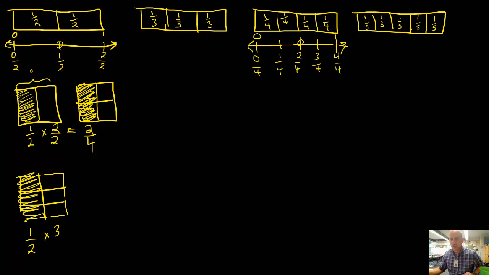So I'll put three groups of that 1, and that equaled 3, right? And I took my whole, my 2, and I cut those into 3, 1, 2, 3, 4, 5, 6, and I got a total of 6 pieces that I cut it into. So 3/6. Awesome. And so 3/6 would be exactly 1/2.